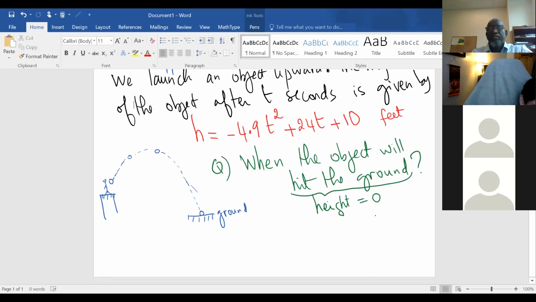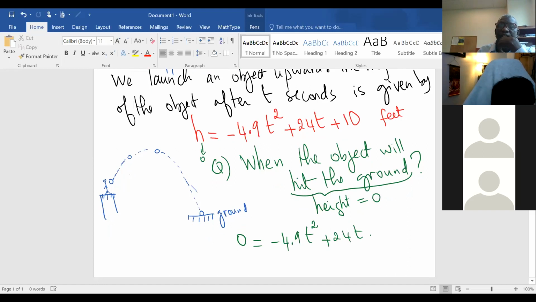So you're going to get 0 is equal to negative 4.9 t squared plus 24t plus 10. And then we're going to solve this. What's my preferred method to solve this?